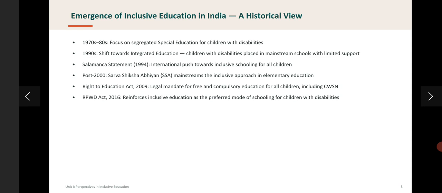In 2009 to 10, there was another scheme, the Rashtriya Madhyamik Shiksha Abhiyan. By 2013, it was important to integrate these children into regular schools, where they could socialize and build their confidence.